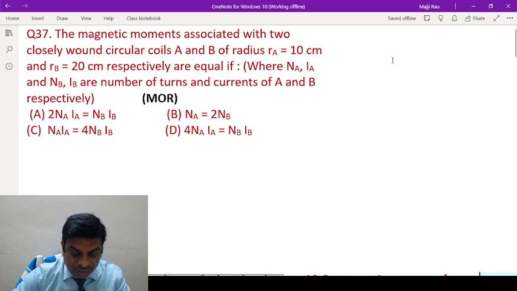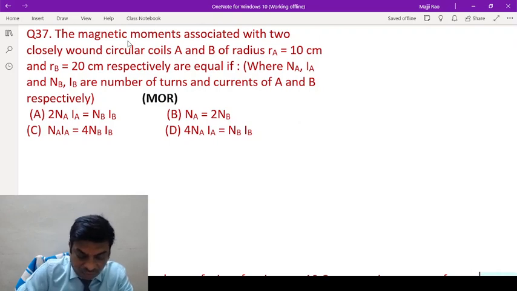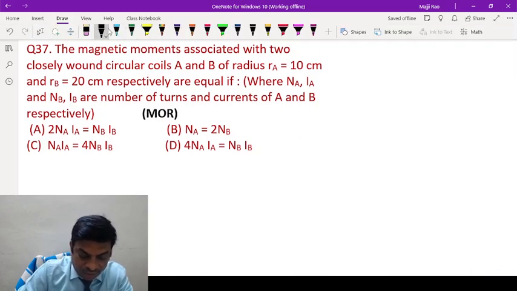The magnetic moments associated with two closely wound circular coils A and B of radius this much and this much respectively are equal if. Now what is the formula for magnetic moment? Magnetic moment of a circular coil.